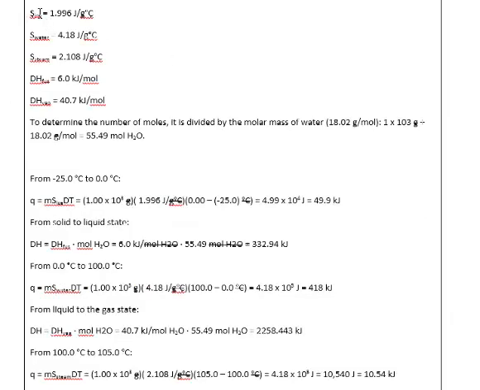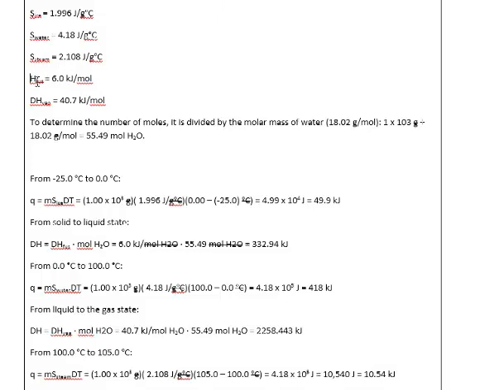S of ice, or specific heat capacity of ice, is 1.996 joules per gram degree Celsius. Specific heat capacity, or capital S of water, equals 4.18 joules per gram degree Celsius. Specific heat capacity, or capital S of steam, equals 2.108 joules per gram degree Celsius.